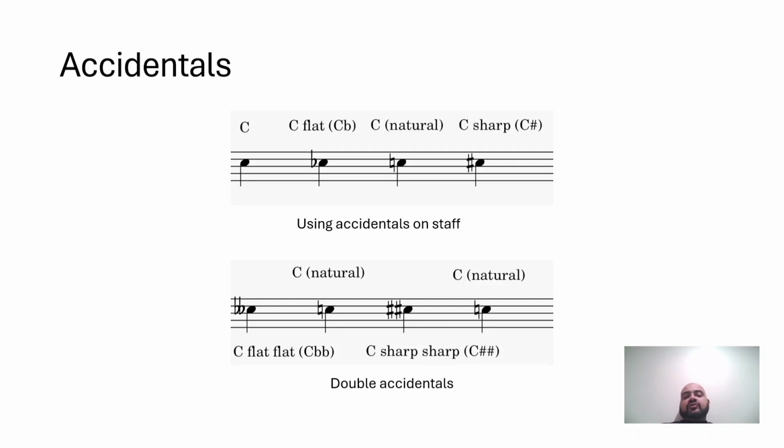If you see here, you have the C note in the top diagram starting from the left, a simple C note. Then you have the C flat, denoted by the flat symbol. Now, if you want to come back to playing C in that measure, you have to put a natural sign next to the next C note. If you don't put that natural sign and there's no accidental over there, it is by default still a C flat.